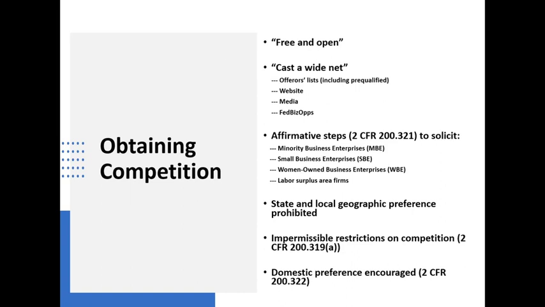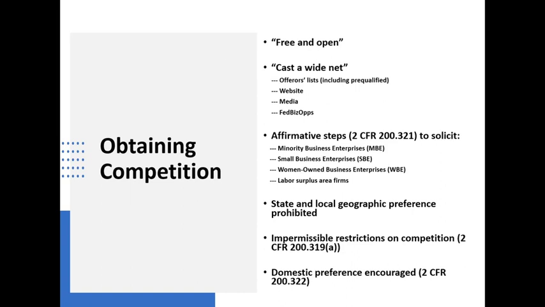Now, here's a place where we find, not unseemly, that's not the right word, or an unlikely agreement between the Trump administration and the Biden administration has been manifested. And that's in the area of domestic preference. President Trump issued an executive order early in his presidency called Buy America, Hire America.